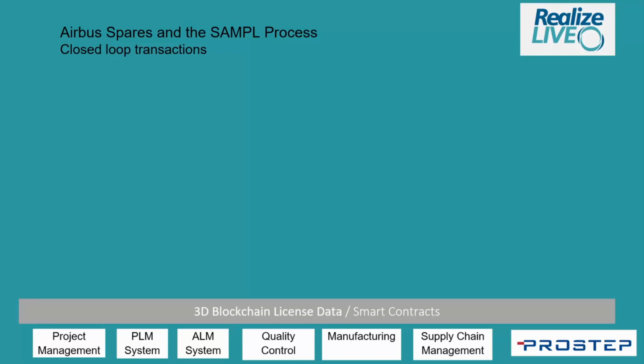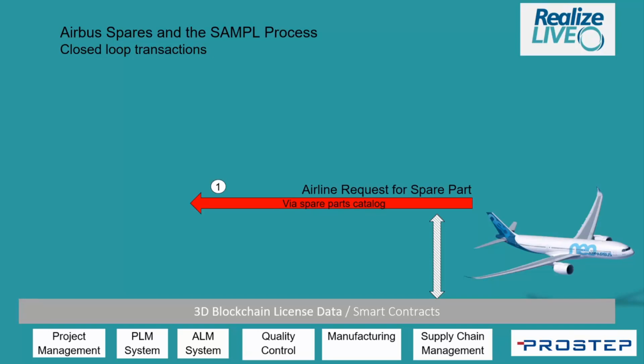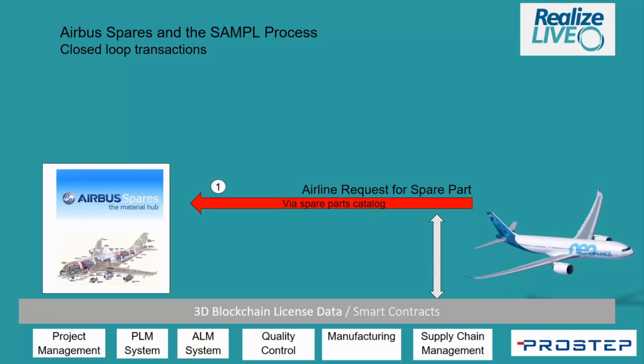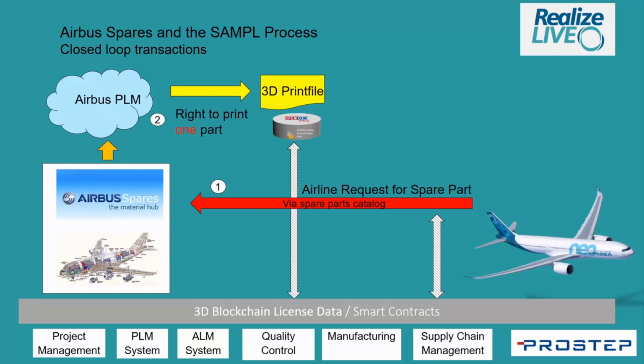So here's a quick example of how SAMPL could be used. So let's assume you have multiple systems that are integrated using OpenPDM, and now you have a customer that needs a replacement part. That customer may go to you and use your integrated parts catalog and find the part that needs to be replaced and confirm, yes, this could be printed using a 3D printer. So we qualify it and we confirm that the particular consumer has the right to print this part, requests that.